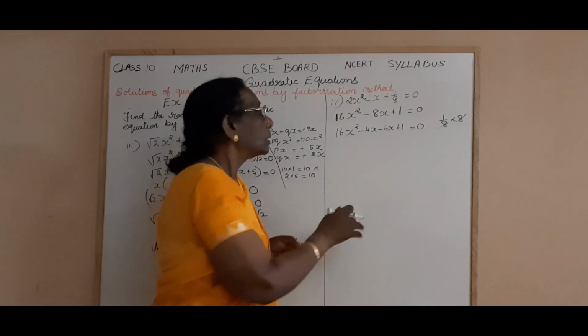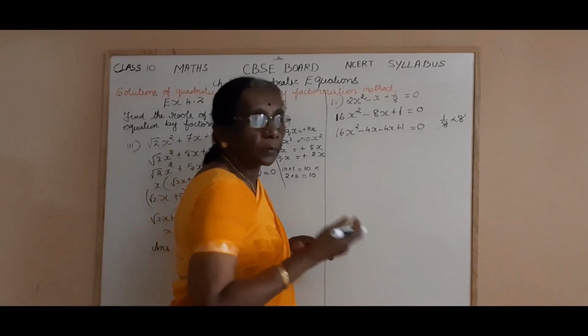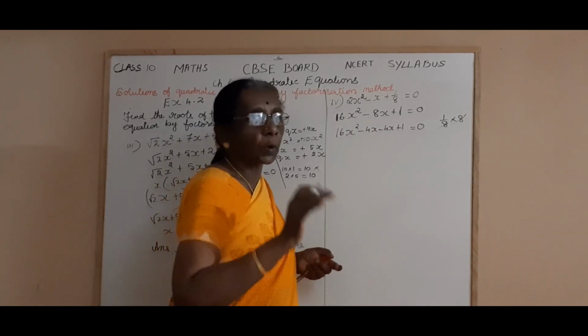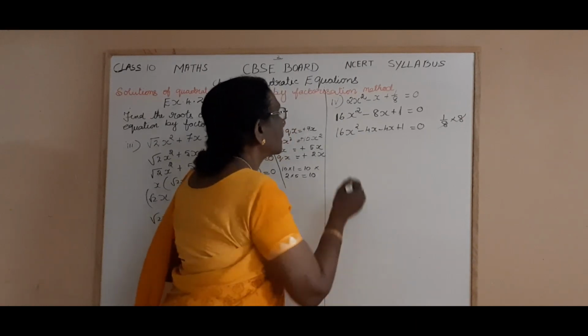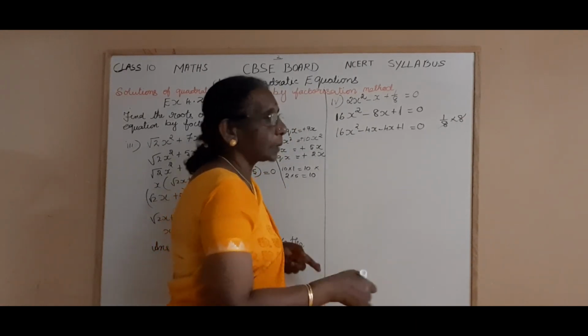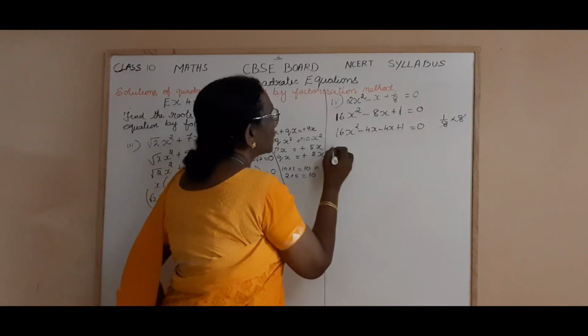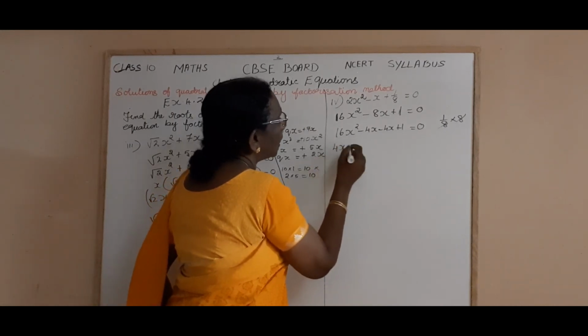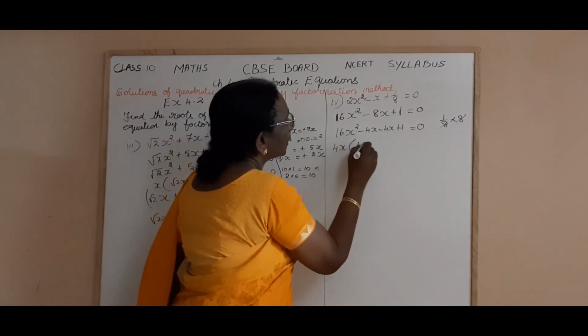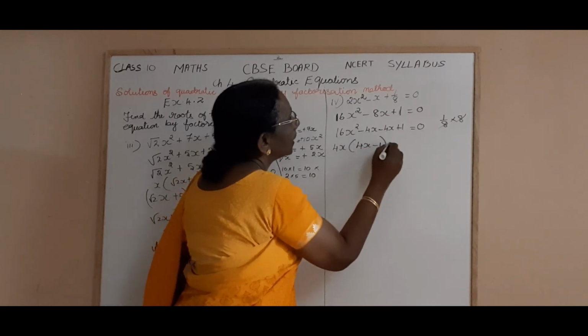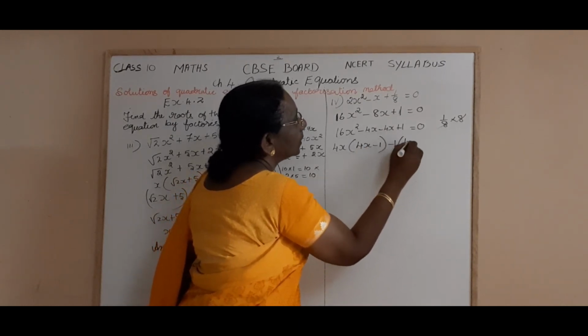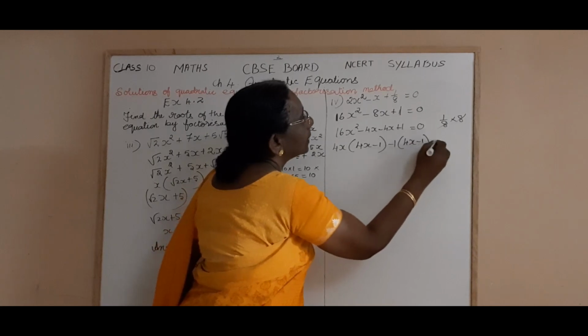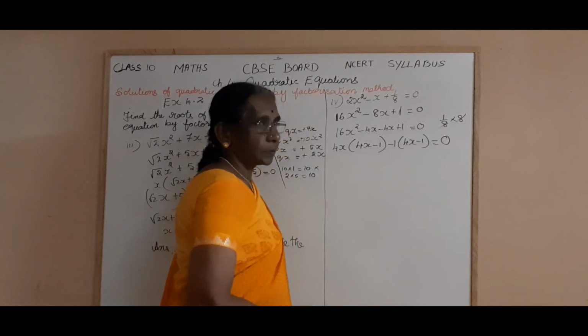And then the splitting you can do very easily if you do more and more sums, if you know the rules and steps. And now here what is common? 4x is common. So 4x minus 1 is common, 4x minus 1 is equal to 0.